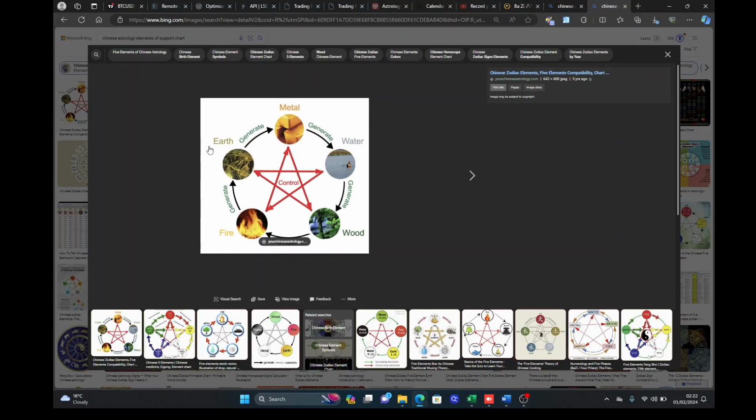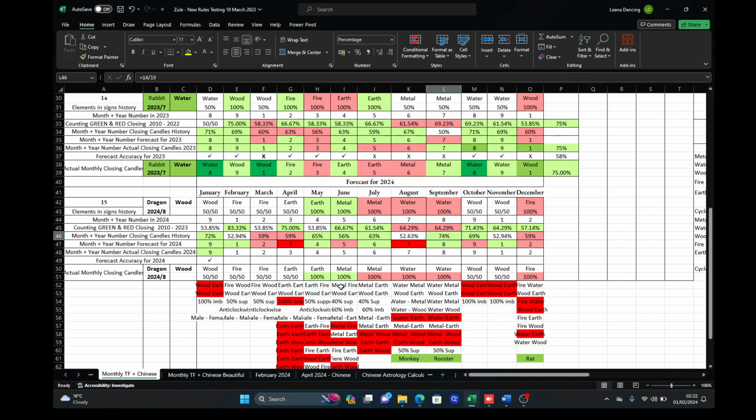Wood earth is what the year is gonna be, 2024, once the dragon comes in February, and that's exactly what it was in January. So according to the Chinese system, this should have been a red month, but the numerology was green. So I was really interested to know which system will overcome, and it was the numerology that overcame in January.